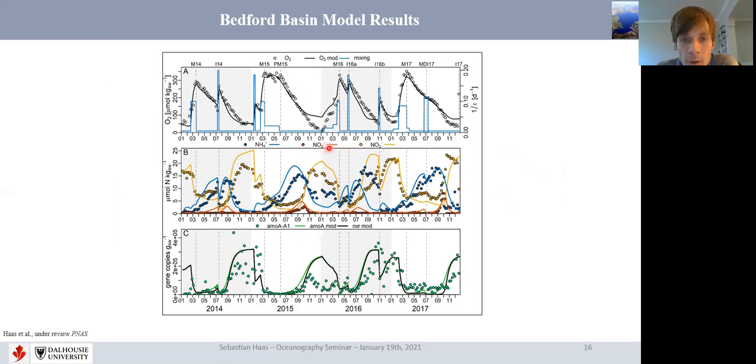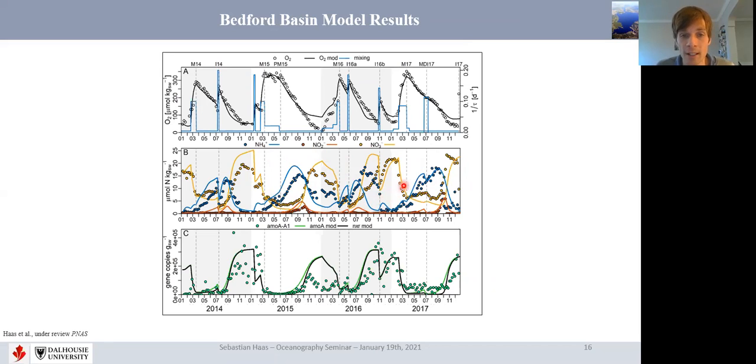I want us to focus though on the middle panel here, where we see again in the scatter the data we saw before as stacked bar charts of ammonium, nitrite and nitrate concentrations. And now we see the model as well, which can resolve or fit these empirical observations fairly nicely over the entire 4 years.